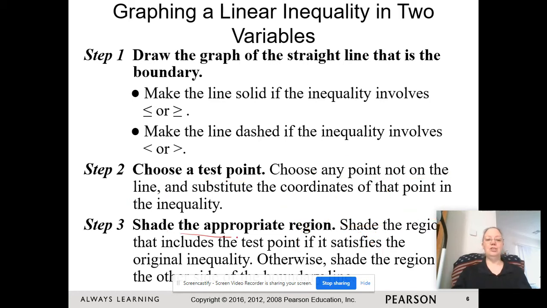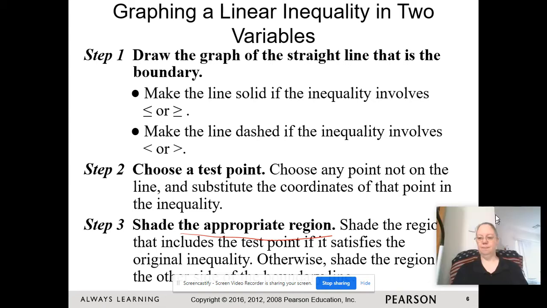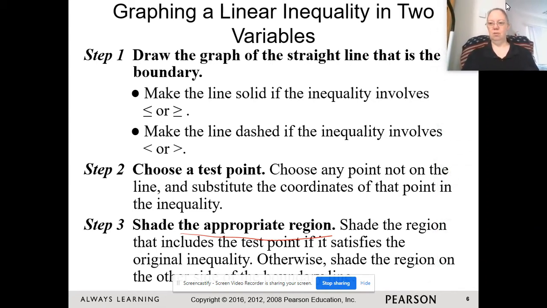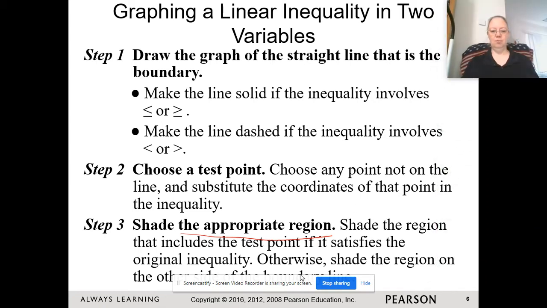All right, then we shade the appropriate region.